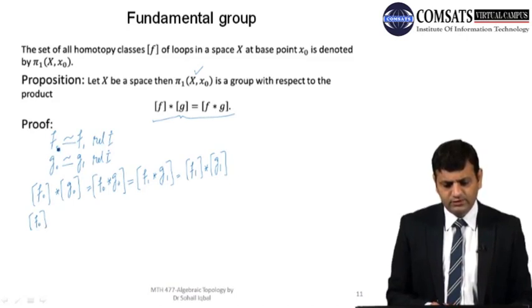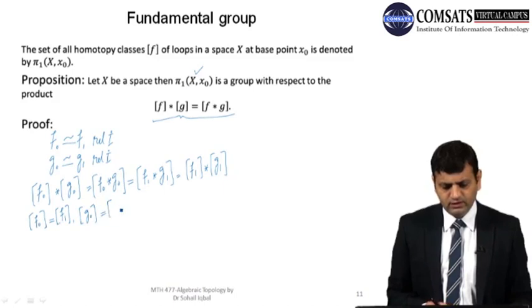So since f0 is homotopic to f1, this class is the same as the class of f1, because I can take any function from this class to represent this class. So as path classes, they are equal. Similarly, g0 is homotopic to g1, so the path class of g0 is equal to the path class of g1.